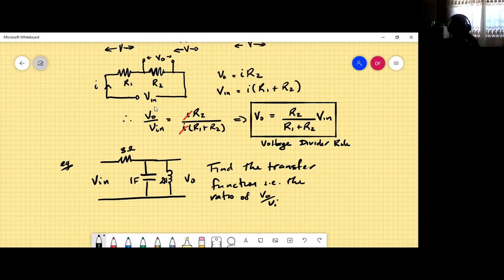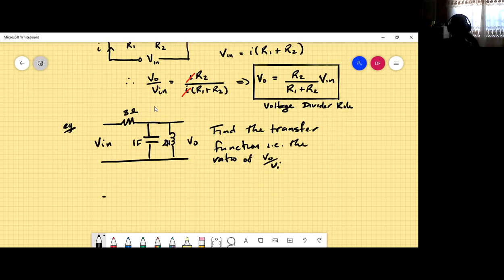Well, we would redraw it, whether in our heads or on paper, and we put in the S values for it.